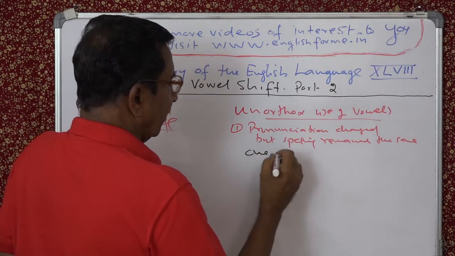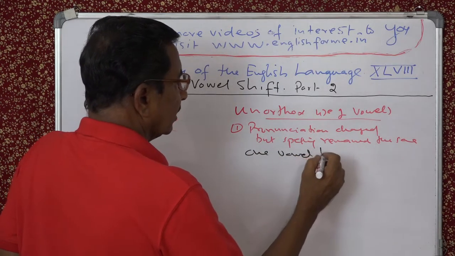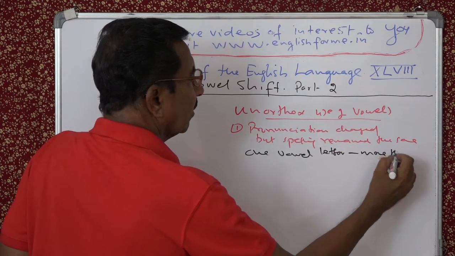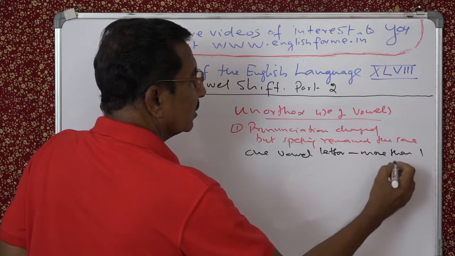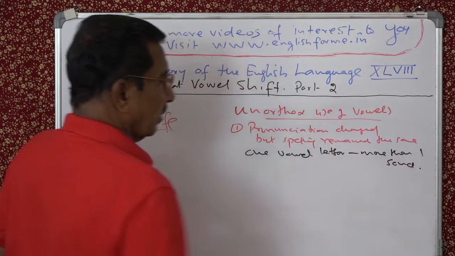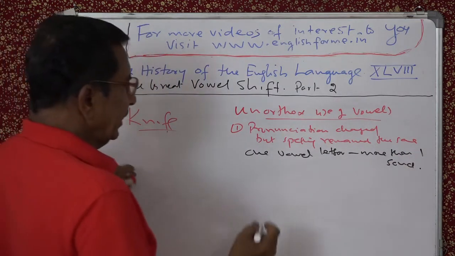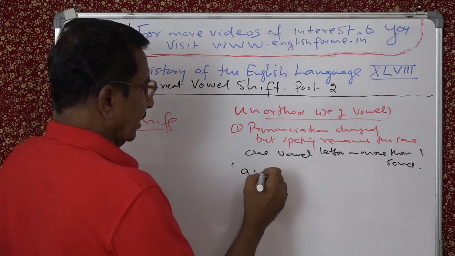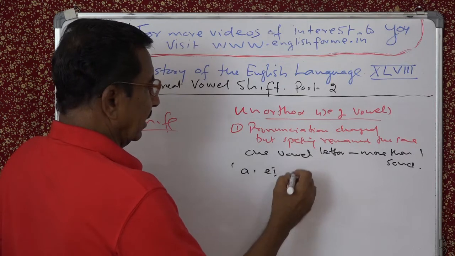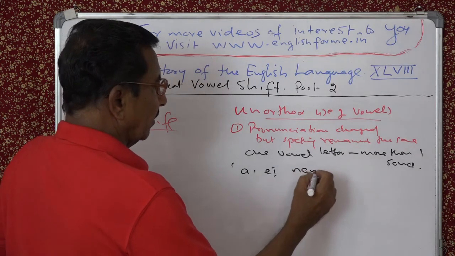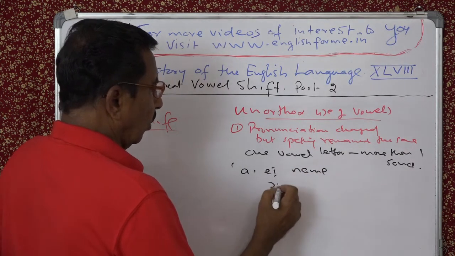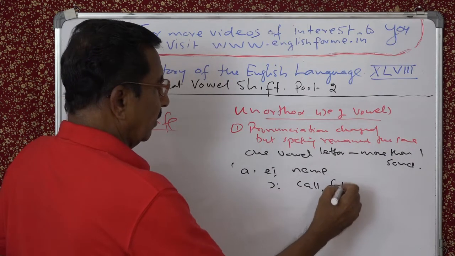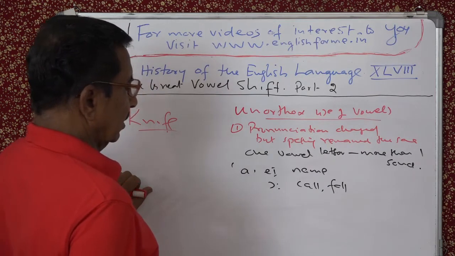One vowel letter, more than one sound. For example, take A. It stands for A in name. O in cord, fold. Isn't it?